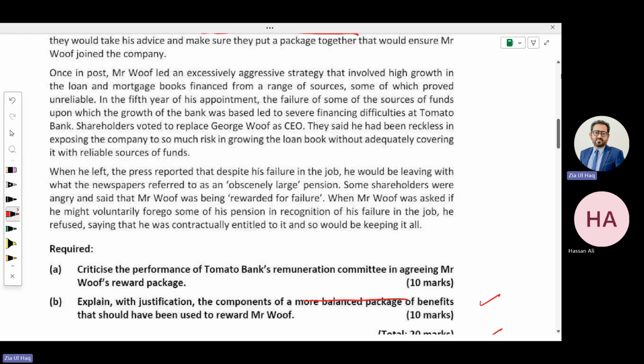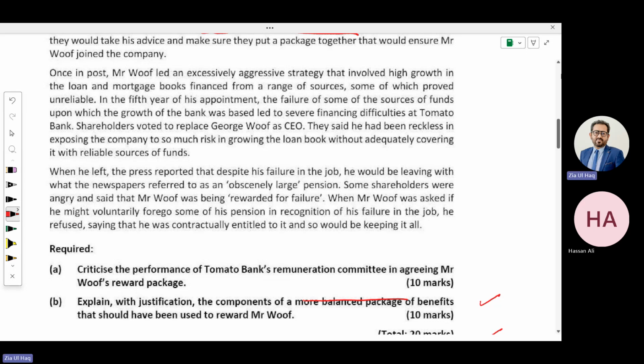Some shareholders were angry and said that Mr. Wolf was being rewarded for failure. When Mr. Wolf was asked if he might voluntarily forego some of his pension in recognition of his failure in the job, he refused, saying that he was contractually entitled to it, so would be keeping it.